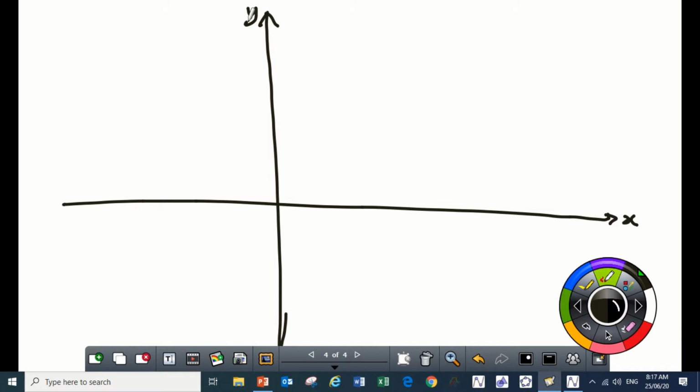Okay. So my x values, maybe I'll just use 2, 4. So that's 6, and you can have 8, and then 10. On the other side, I'm going to have minus 2, minus 4, minus 6, minus 8.